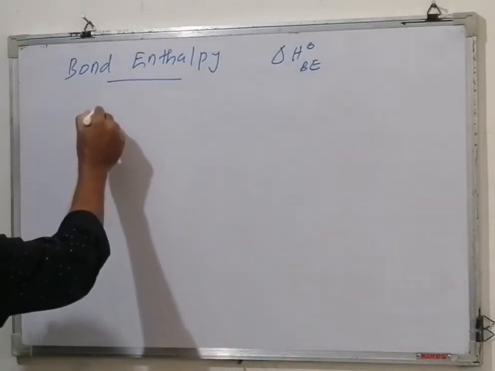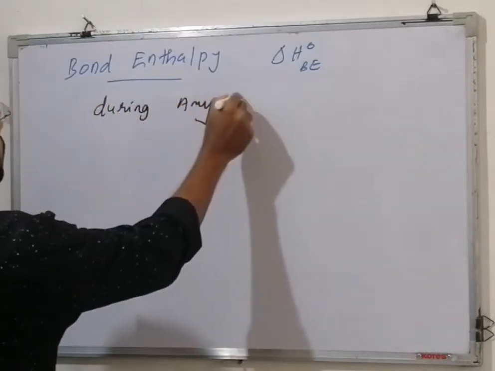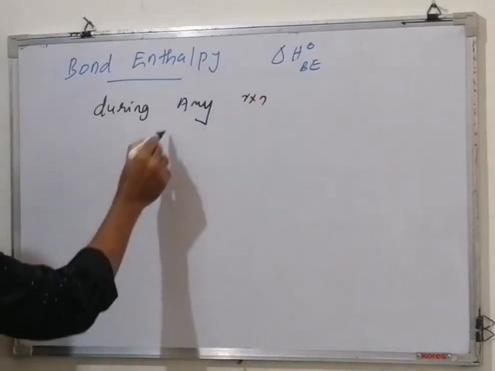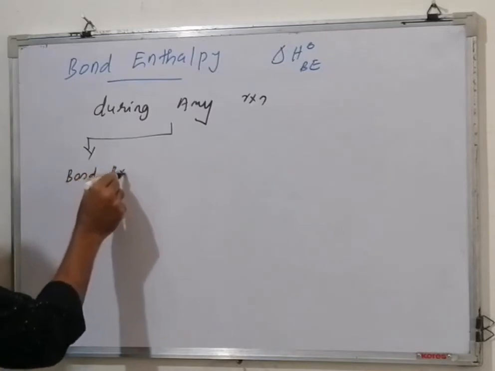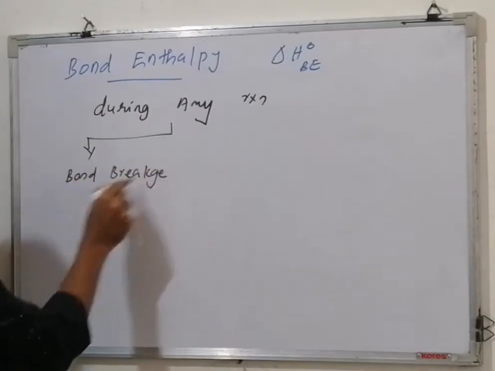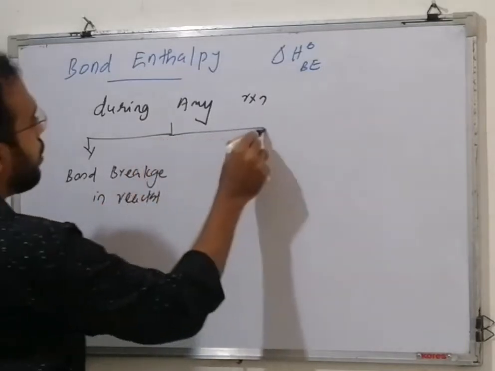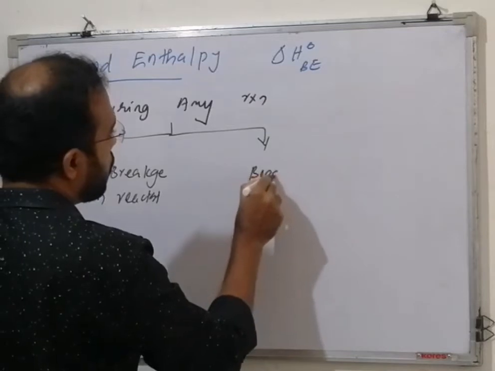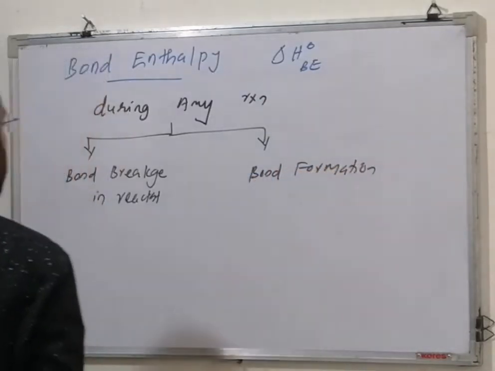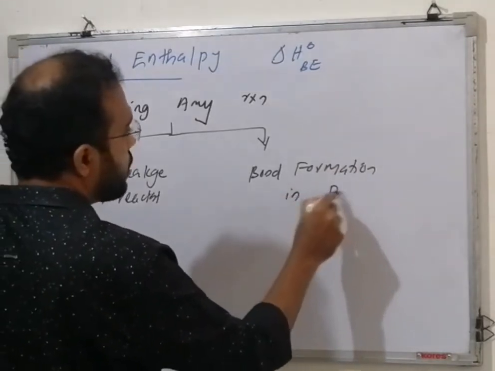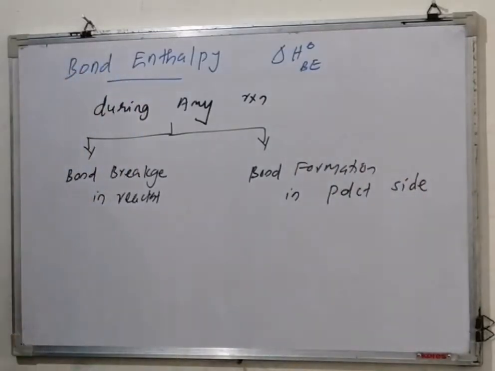During any chemical reaction, there will be bond breakage in the reactant side and bond formation in the product side.